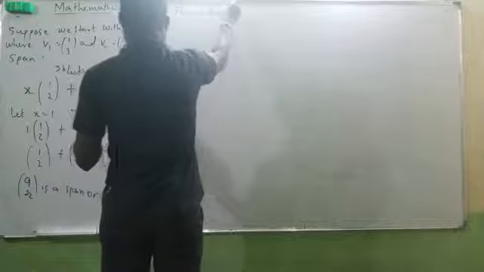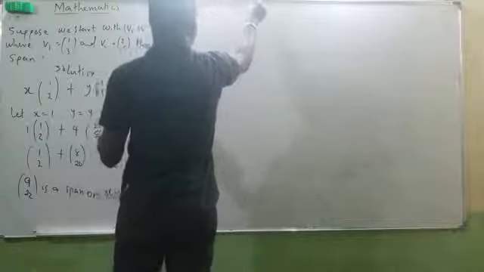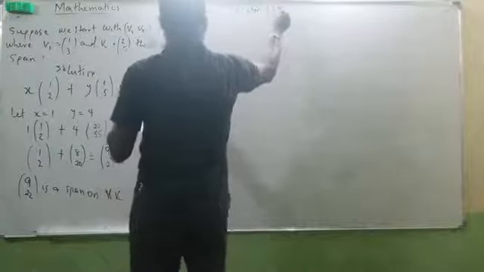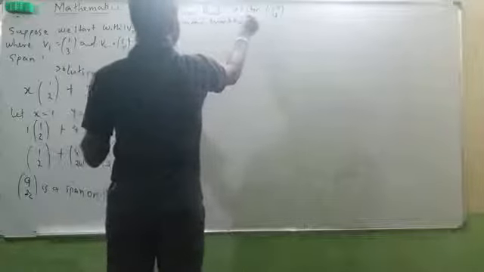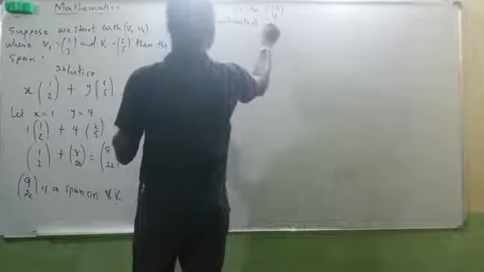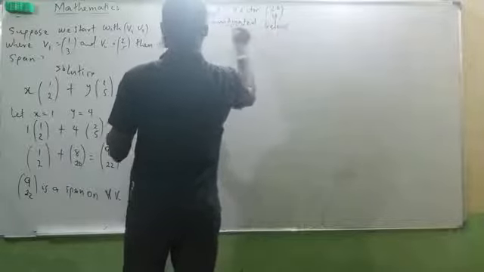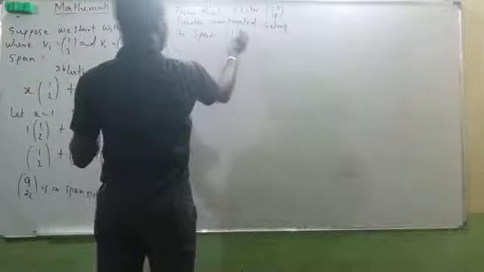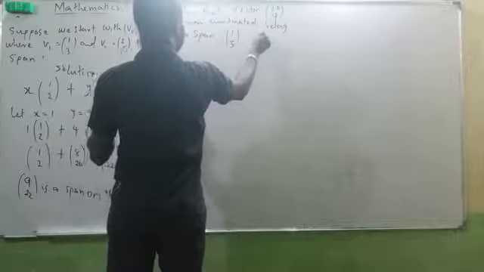Show that vector 24 linearly combined belongs to the span of 1, 3, 2, 5.